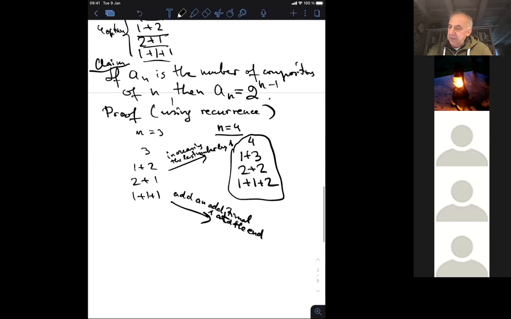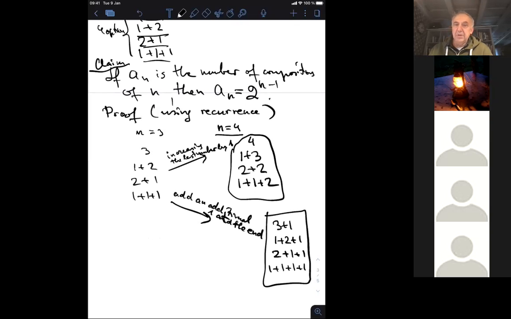If we add an additional 1, we'll be getting 3 plus 1, 1 plus 2 plus 1, 2 plus 1 plus 1, and finally 1 plus 1 plus 1 plus 1. So this will be another 4-tuple. So totally we'll be getting 8. And it's easy to see that this gives us a complete list of possibilities.